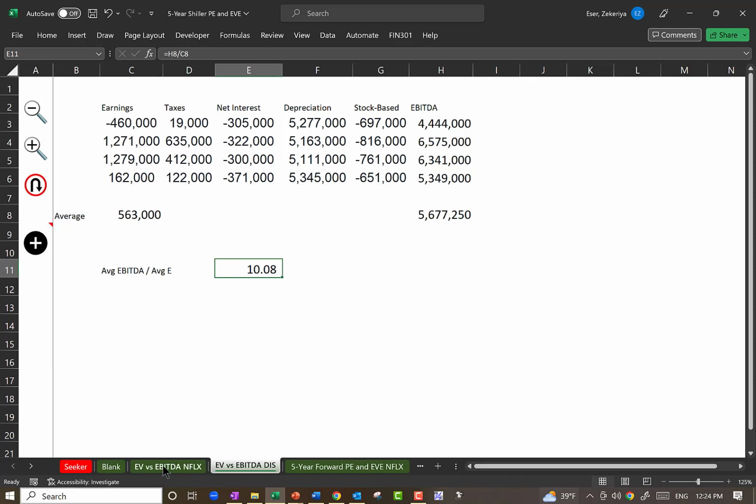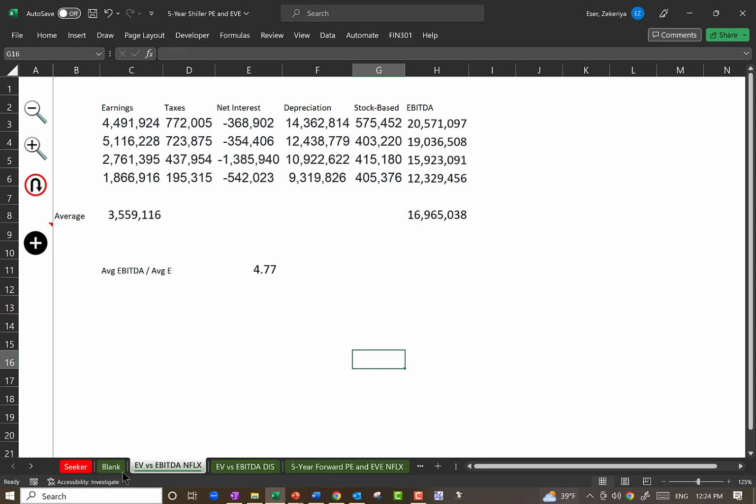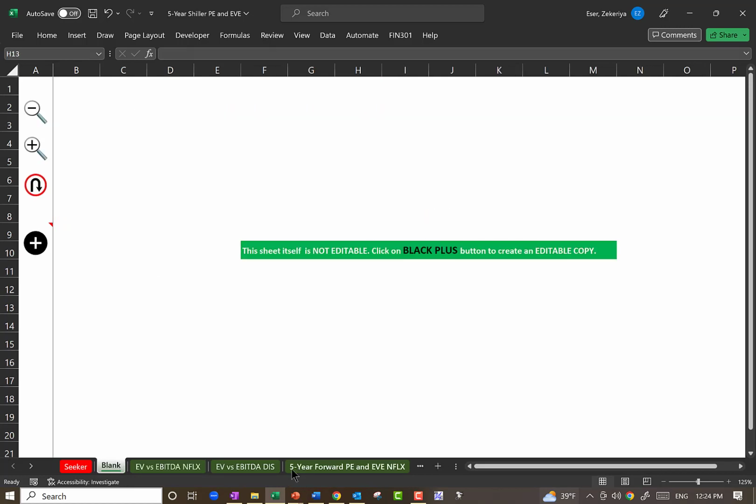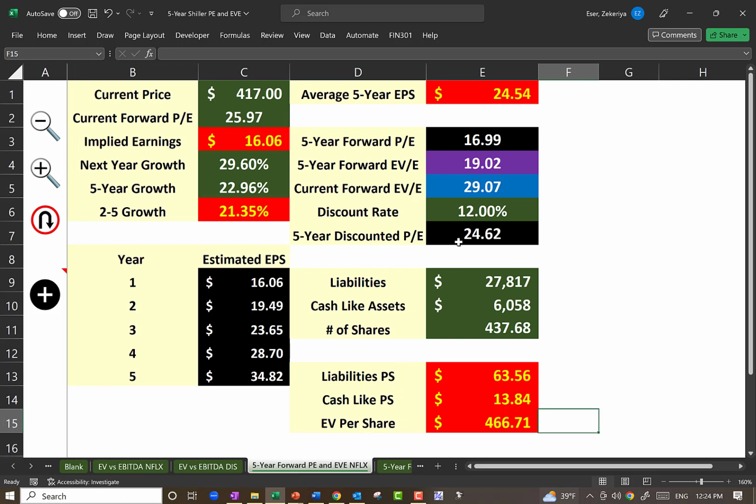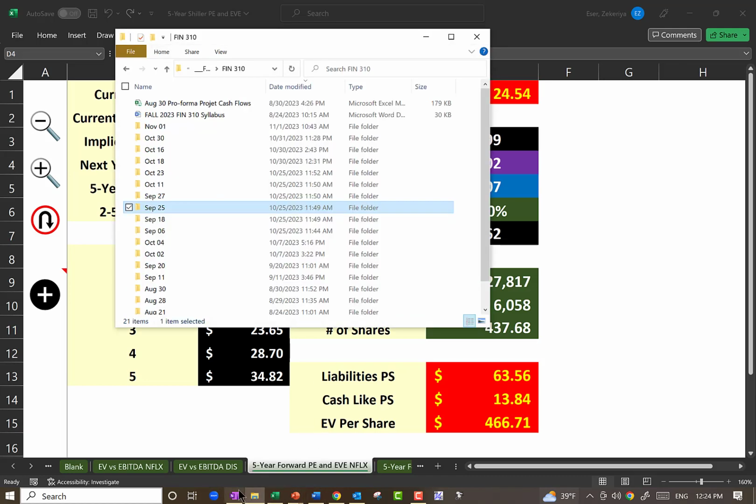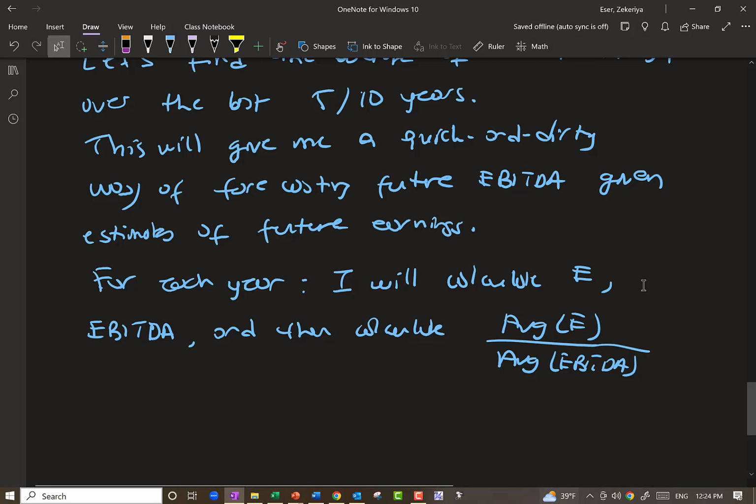Well, once I have that number, for example, for Netflix, if I wanted to calculate EV over EBITDA, think of this formula.